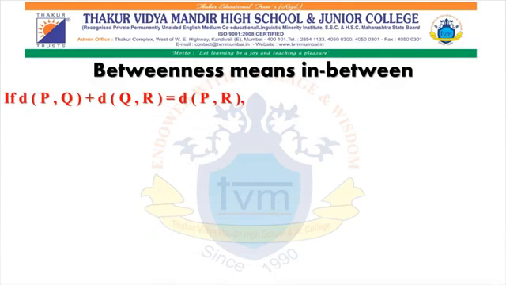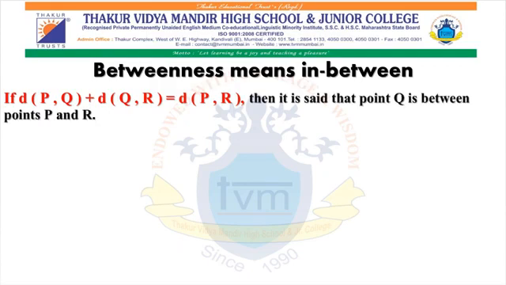If distance PQ plus distance QR equals distance PR, then it is said that point Q is between points P and R. This is shown as P-Q-R, or R-Q-P.